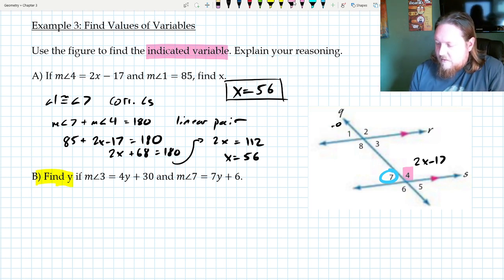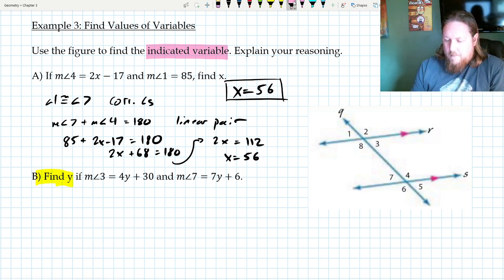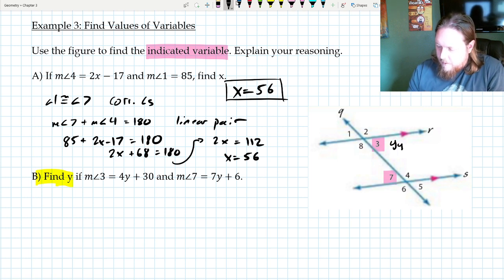So I'm going to clean my slate and start over again. So we're looking for y, and we've got angle 3 and angle 7. Angle 3 is 4y plus 30, and angle 7 is 7y plus 6.